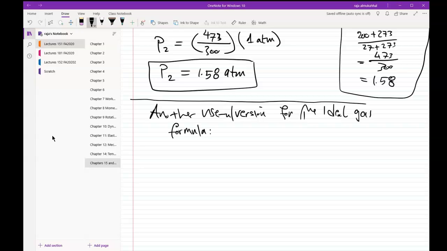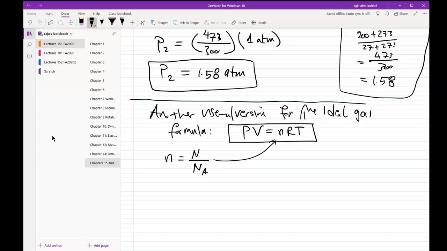Okay, so we said that PV equals nRT. This is the formula that we dealt with. We also said in the beginning of the lecture that the number of moles is basically the number of particles or atoms in the sample divided by Avogadro's number. So I can take this and replace it with small n right here.